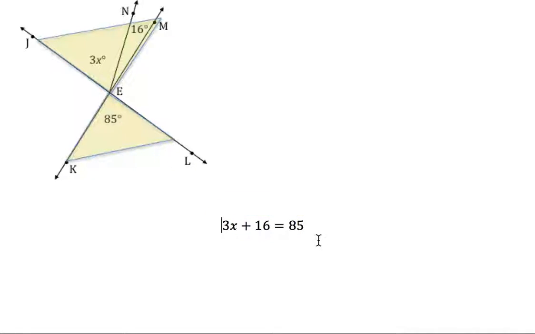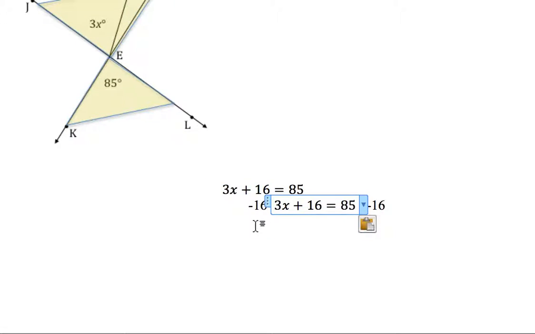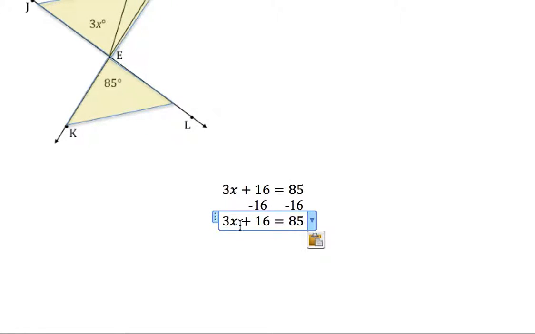I need to start by isolating my term that has a variable. So the term with the variable is the 3x. So I need to subtract 16 from both sides. 3x plus 16 minus 16, there we go, plus 16 minus 16 disappears. 85 minus 16 is 69. 3x equals 69.